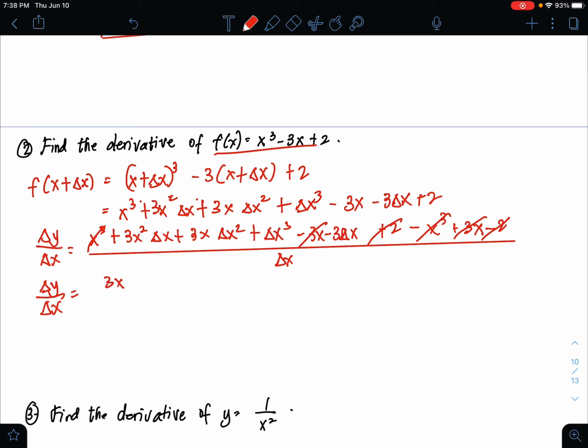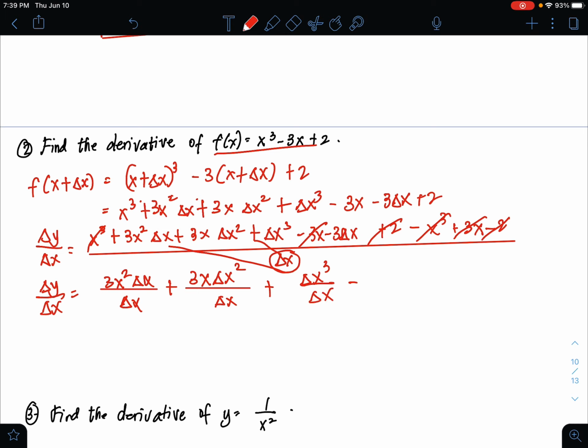So, 3x squared delta x plus 3x delta x squared over delta x. So, in what we did, we simplified the terms. We separated them one by one, with the denominator below. Plus delta x cubed over delta x.